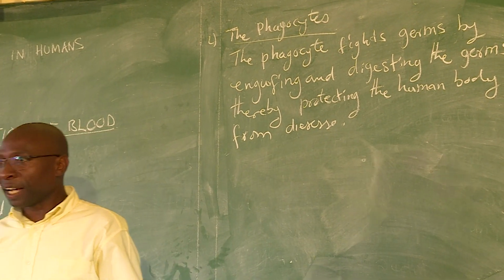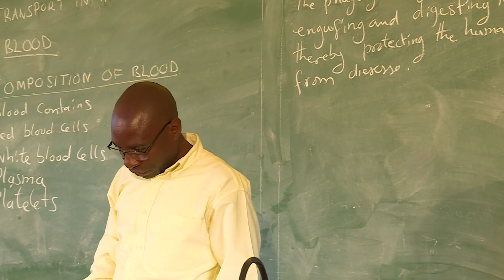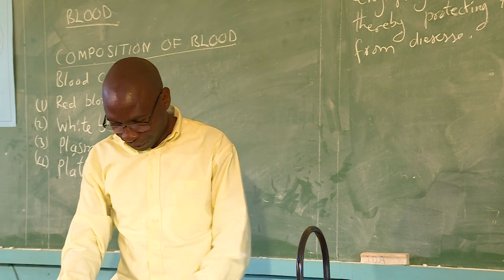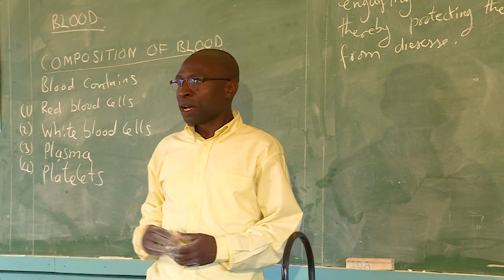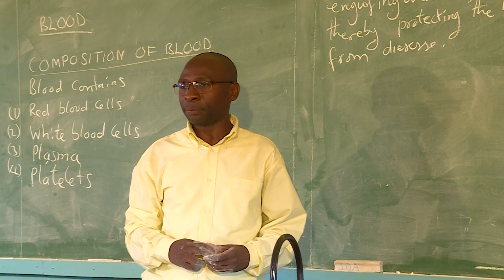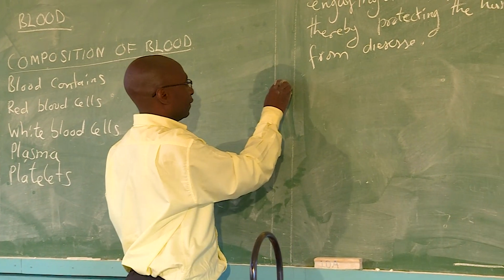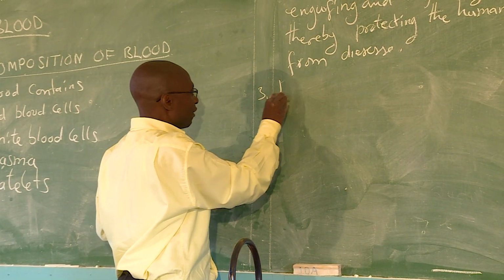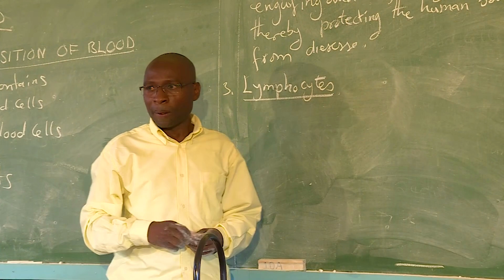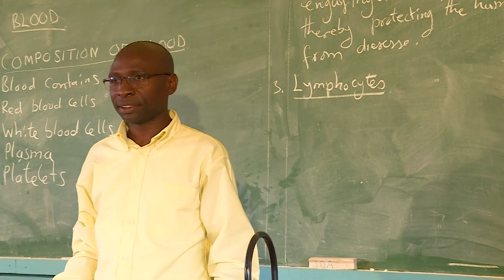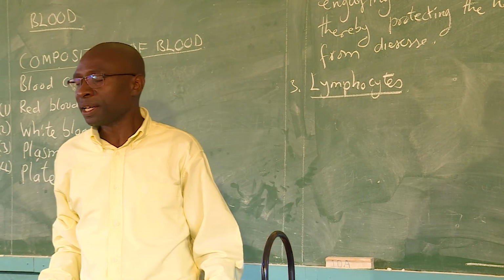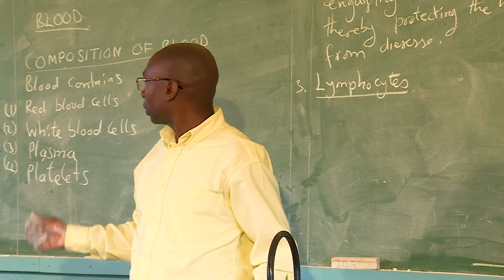We also have the other one, which is the lymphocyte. The lymphocyte is also a white blood cell. Lymphocytes, you have said the white blood cell, they fight diseases. One of them is the phagocyte. Now, what about the lymphocyte?